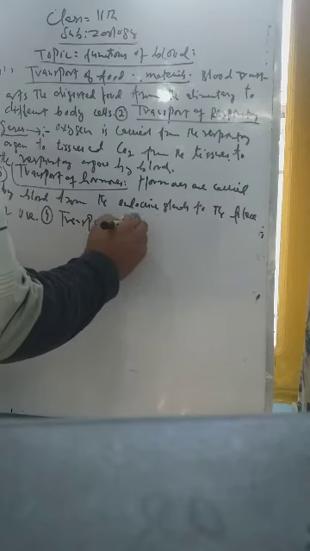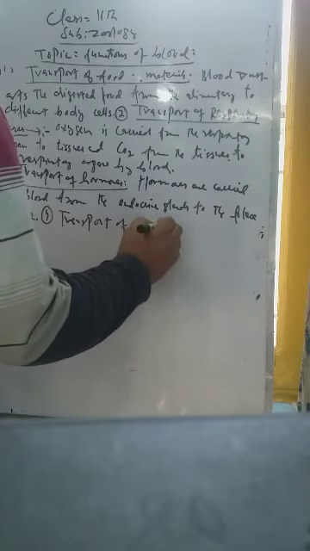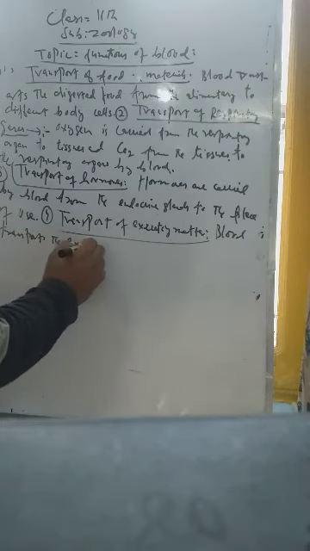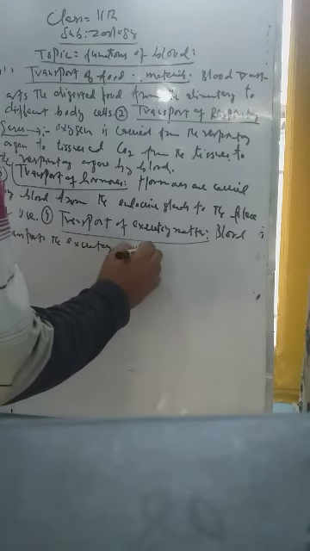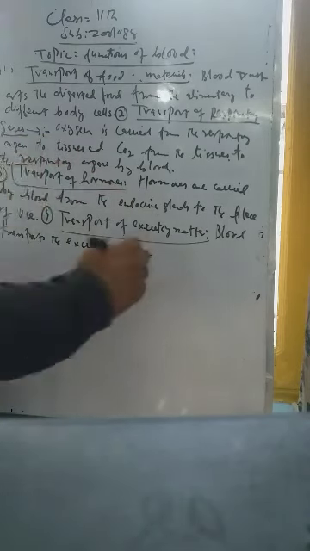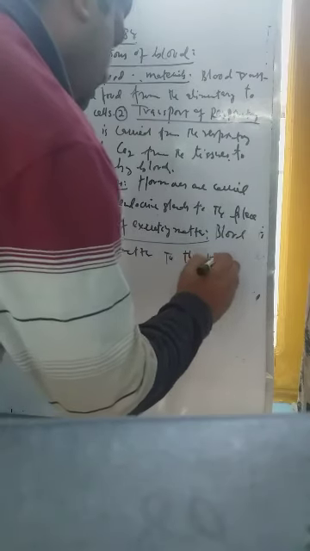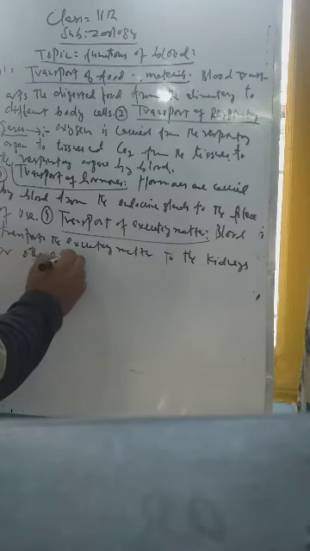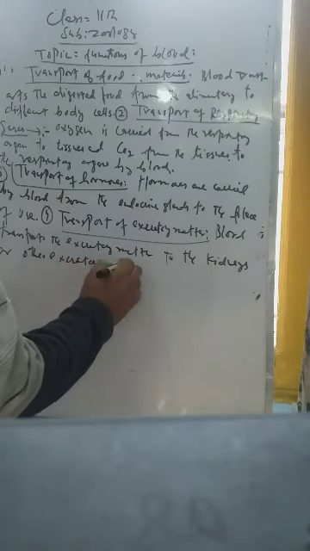Transport of excretory matter. We write here that blood transports the excretory matter to the kidneys or other excretory organs.